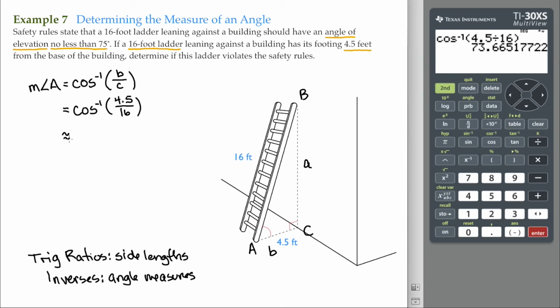That's approximately 73.67 degrees. So the measure of angle A is approximately 73.67 degrees. 73.67 degrees is less than the 75 degrees, so the ladder is in violation of the safety rules.